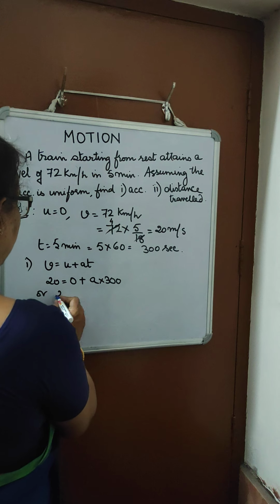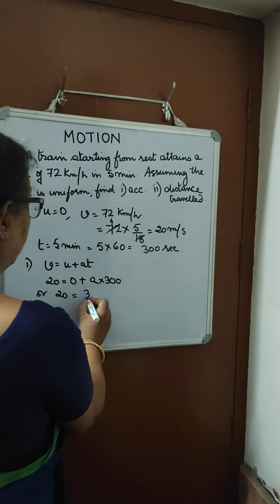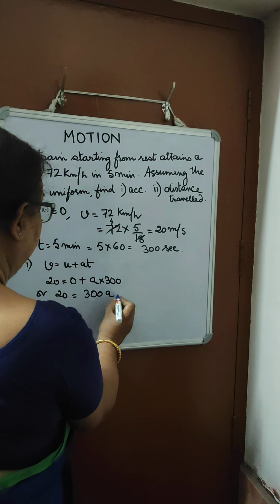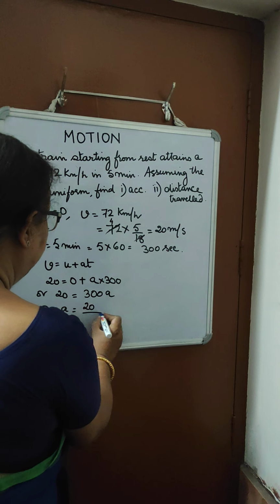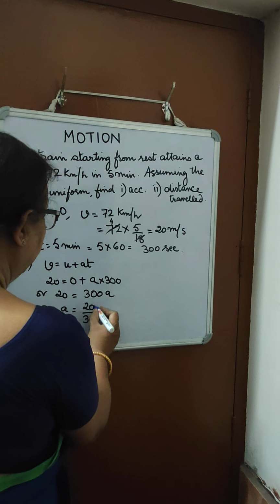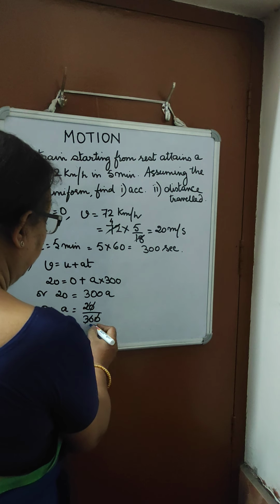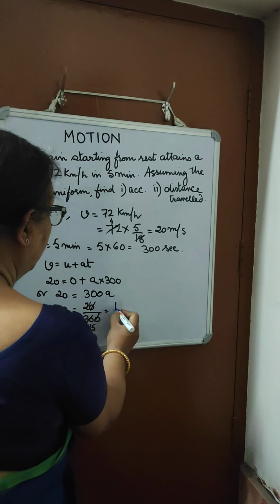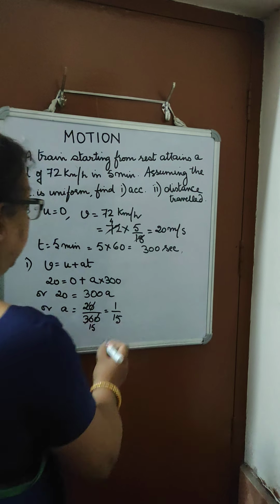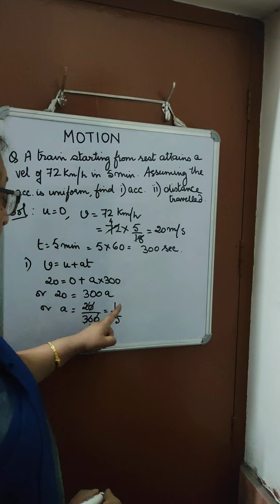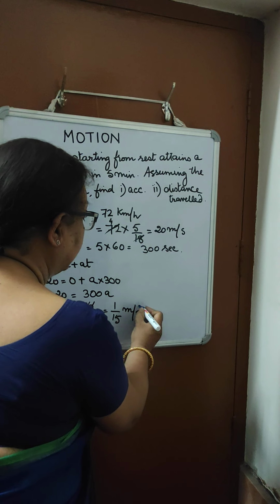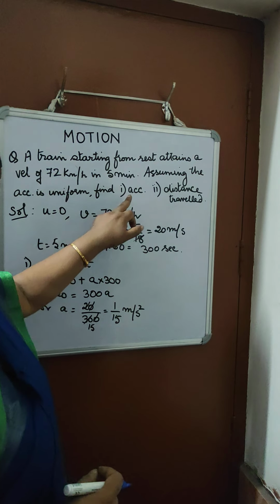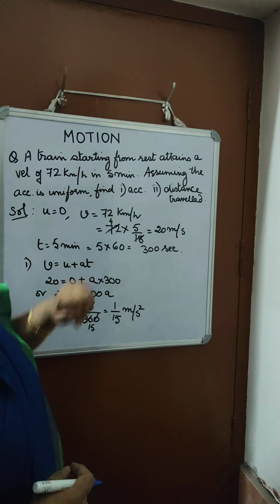So 20 is equal to a into 300, or a will be equal to 20 by 300. You can cancel it, you get 1 by 15. So the acceleration is 1 by 15 meter per second square. So this is the first part, we found the acceleration.